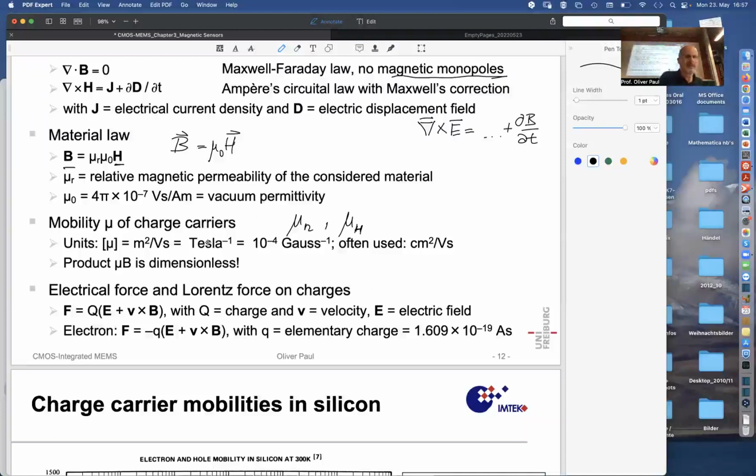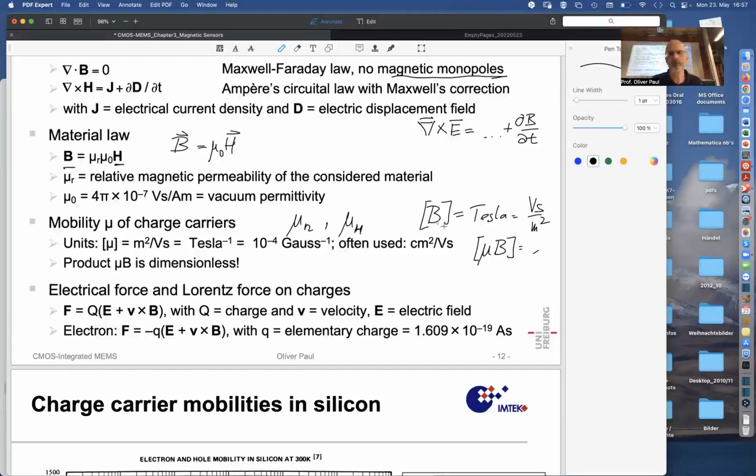So what else do I want to say? So interesting, it's Tesla, and the amazing thing is that the units of B are Tesla, or I should say volt second per square meter. So that mu times B, a mobility times B, the unit of mu times B is nothing, a number. It's unitless.